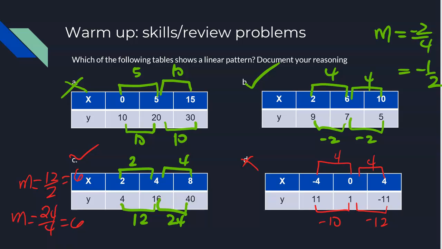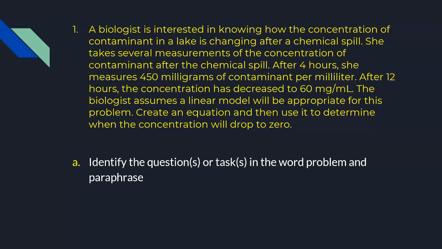Okay, let's start our class discussion for this activity. We have one problem here. A biologist is interested in knowing how the concentration of a contaminant in a lake is changing after a chemical spill. She takes several measurements of the concentration of contaminant after the chemical spill.